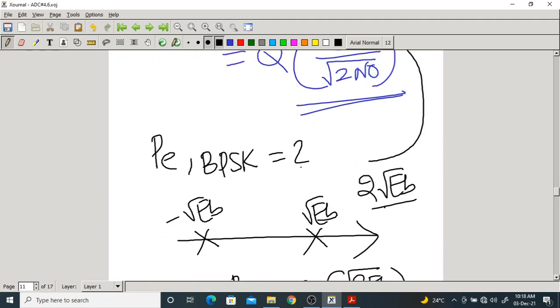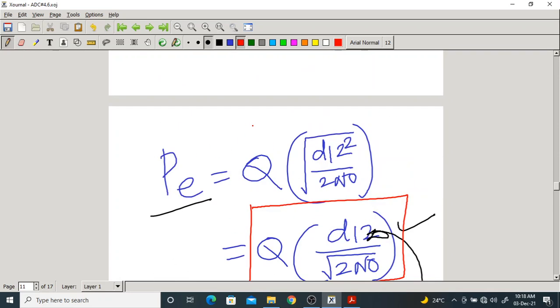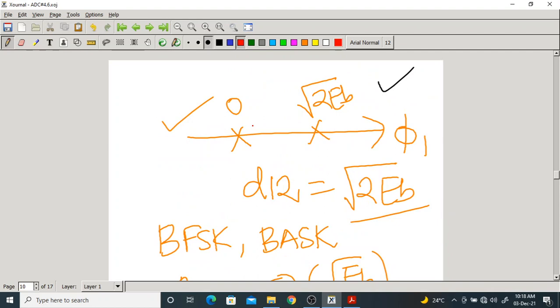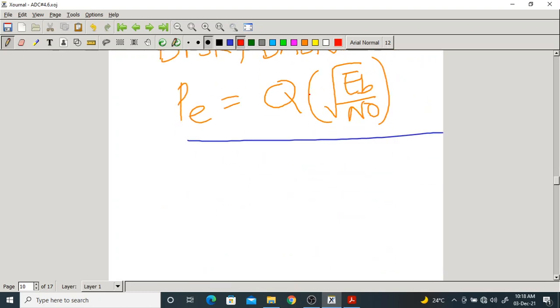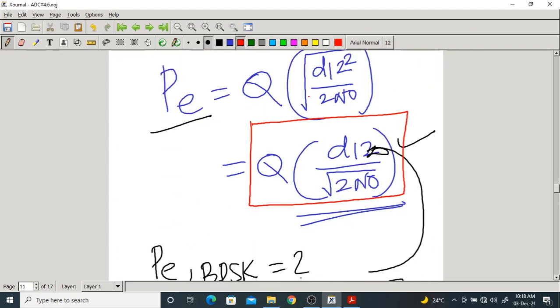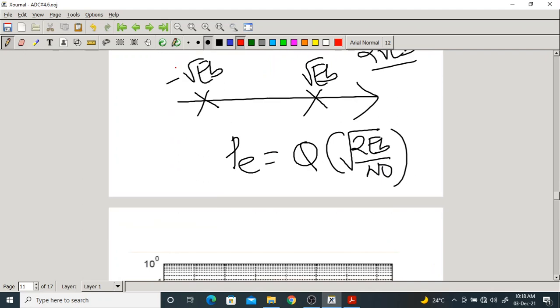So I suggest you remember this formula, especially for binary modulation techniques. Anyway, you should know all the constellations. If you know constellations, you can find the distance between the message points. If you can find the distance, obviously you can write the probability of error using this formula. What is the formula? Let me write one more time.